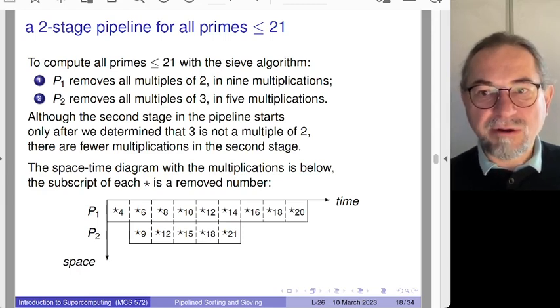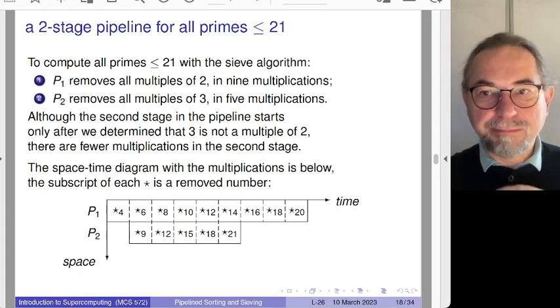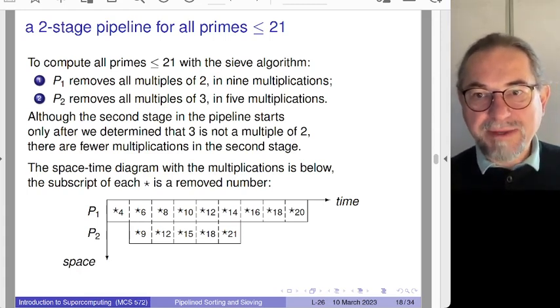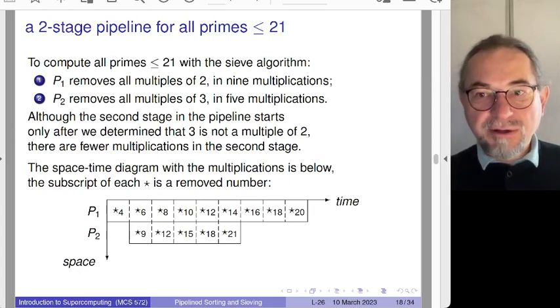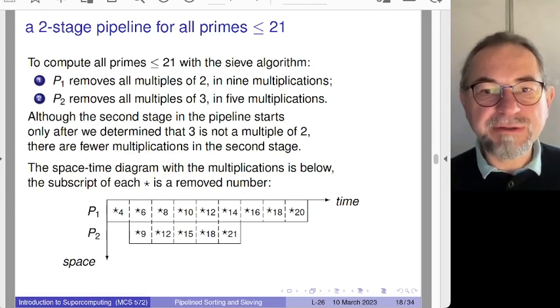So when the data comes back at some point, the processor that was still busy wiping out numbers will actually have completed its task. So the wiping of the numbers happens simultaneously. So here you see the two-stage pipeline.